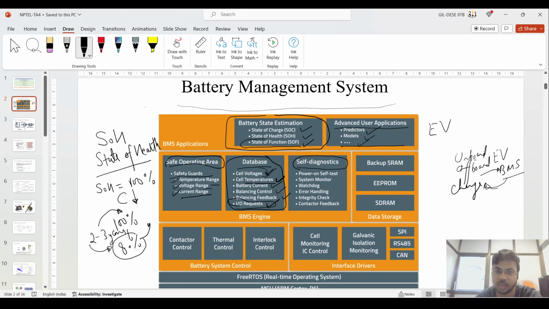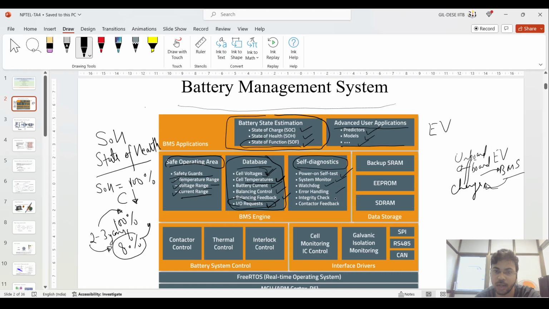So what kind of IO request is responsible for this charging? And self-diagnostic, the self-test: whether the software you have installed is correctly measuring or not, and whether it is able to locate the fault.